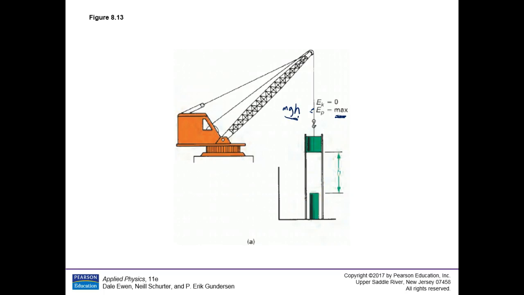Now up there at the top, is it moving? Not yet. When you release it, it starts moving. So at the top, if it's got no motion, it has no kinetic energy. Because kinetic energy, what was its formula? You just told me a few minutes ago.